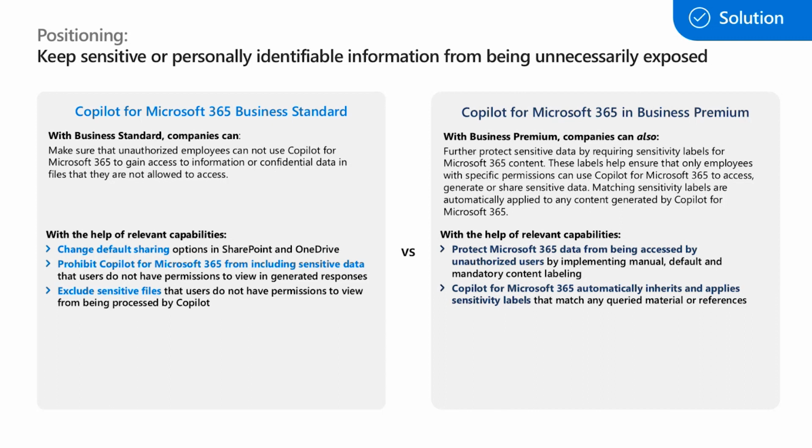The thing is, Business Premium can further secure your sensitive data by adding sensitivity labels to M365 content used by Copilot, and have Copilot cite these labels in its outputs. This ensures that only employees with specific permissions can have Copilot include and share sensitive data accordingly.